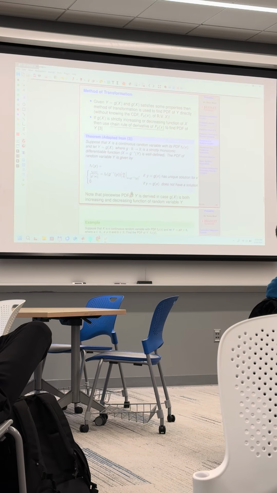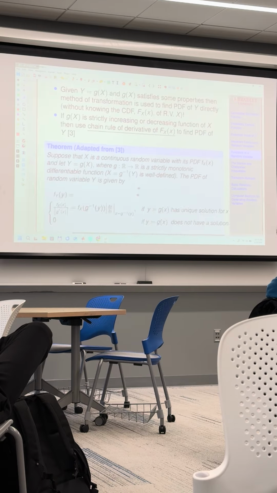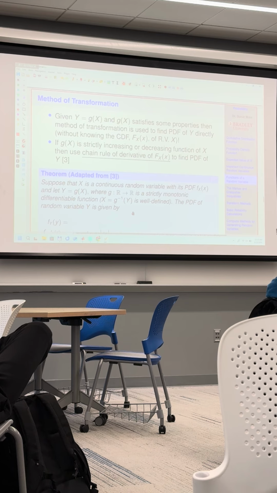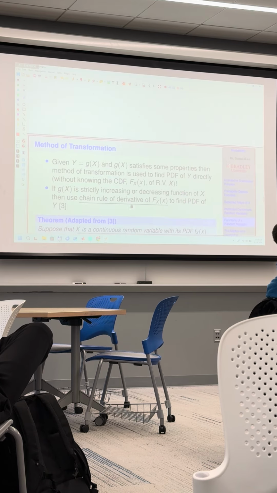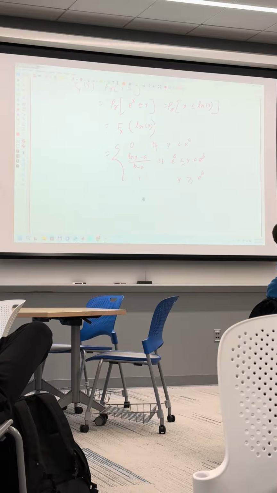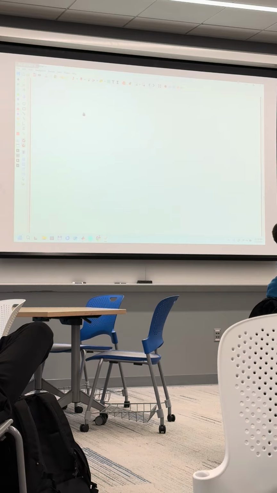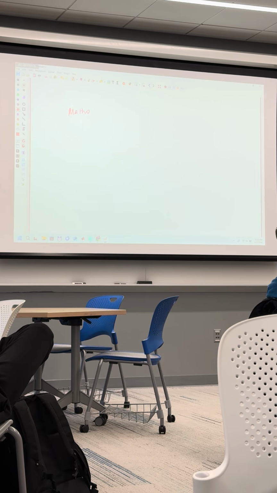Now the other topic that I will go through is the method of transformation. Before I read my slide, guys, try to understand the main idea here. What is the method of transformation?